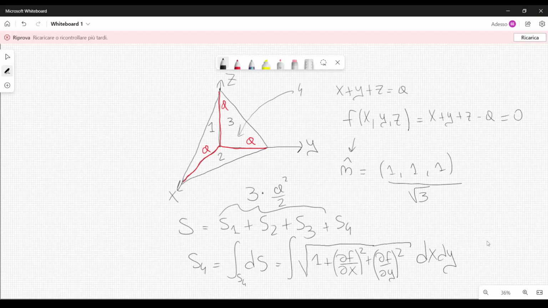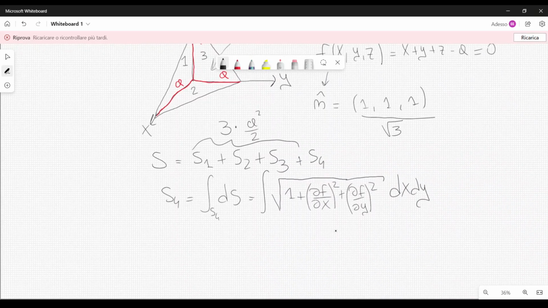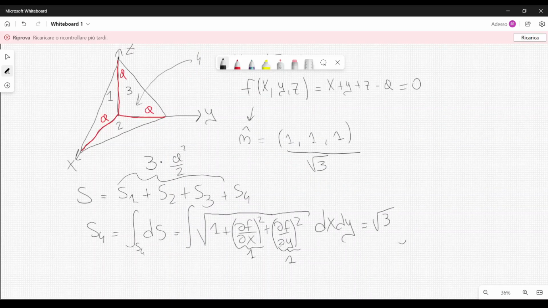and this is a simple calculation because the derivative of f with respect to x is just 1. This is also 1, so you have the square root of 3 times the integral dx dy, and therefore we have to integrate over the projection of the surface S4 on the xy plane, but that's exactly this triangle here. So we already know the answer. We will get square root of 3 times a squared over 2.